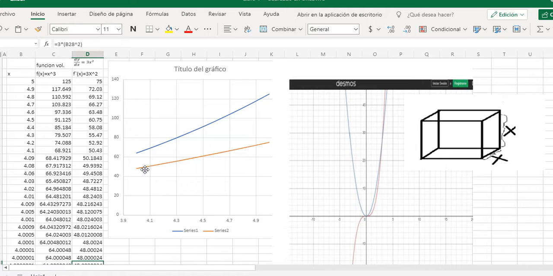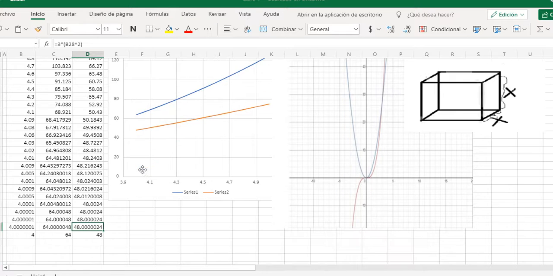For instance, this is the graph, this blue is the volume, and the red is the graph of the derivatives, that actually is this.